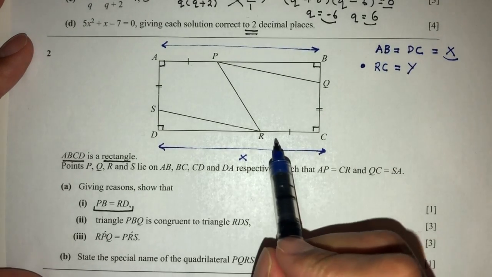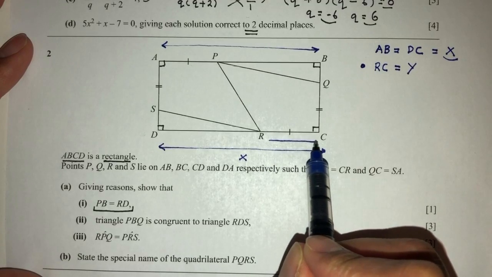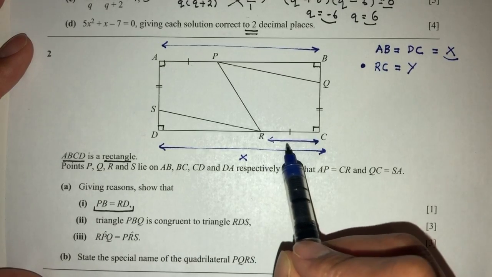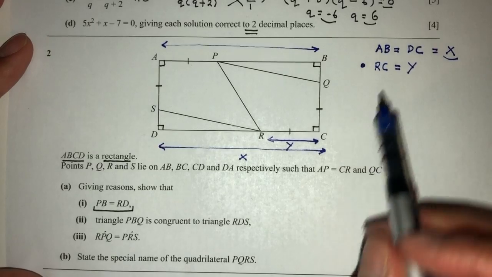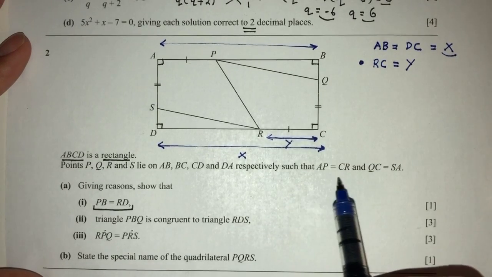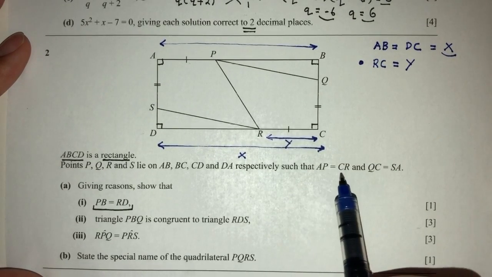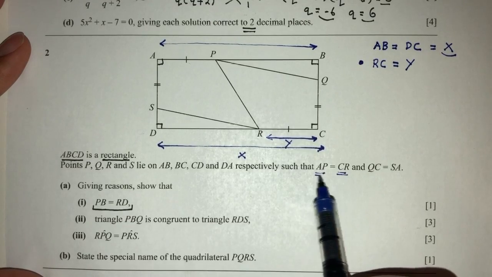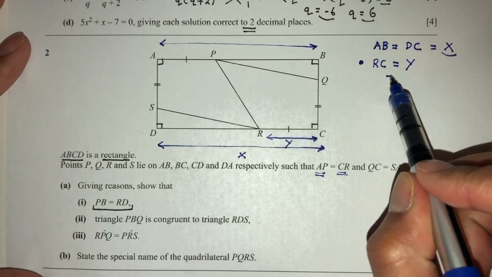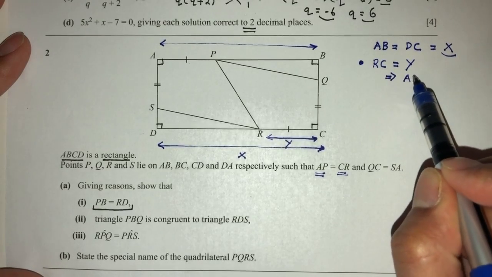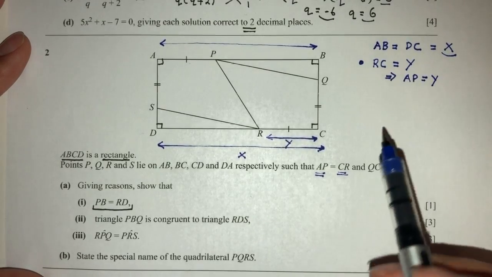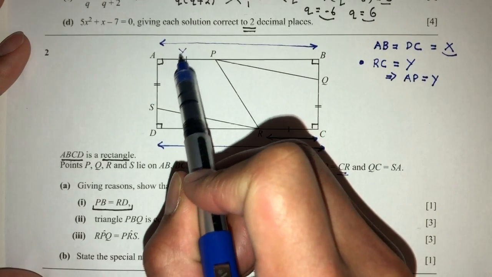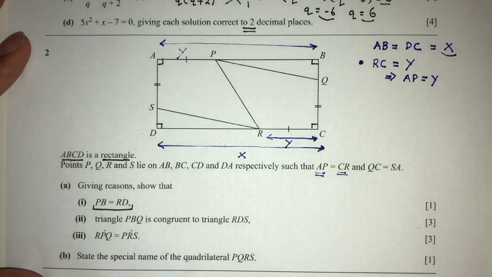Now we know RC is y. Now because RC is CR, we know RC is the same as AP, which means AP is also y. So where's that? Right here, right?